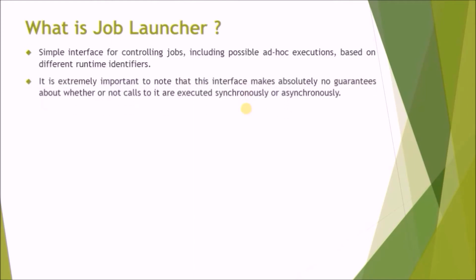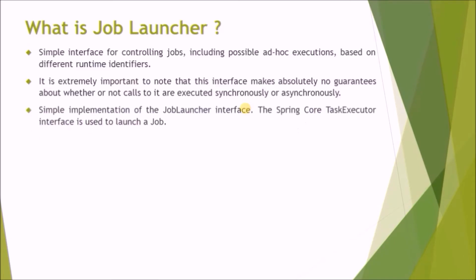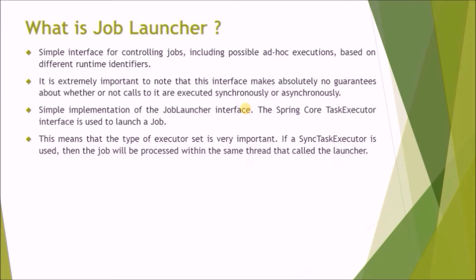It is extremely important to note that this interface makes absolutely no guarantees about whether or not calls to it are executed synchronously or asynchronously. A simple implementation of the Job Launcher interface. The Spring Core Task Executor interface is used to launch a job. This means that the type of executor set is very important.